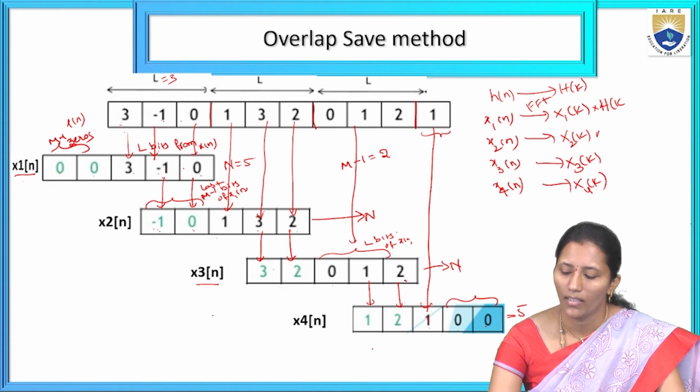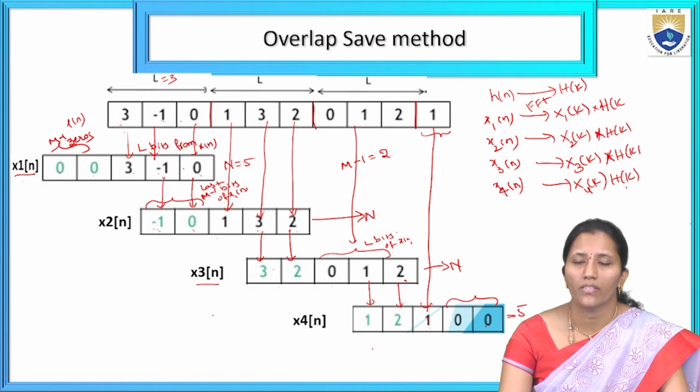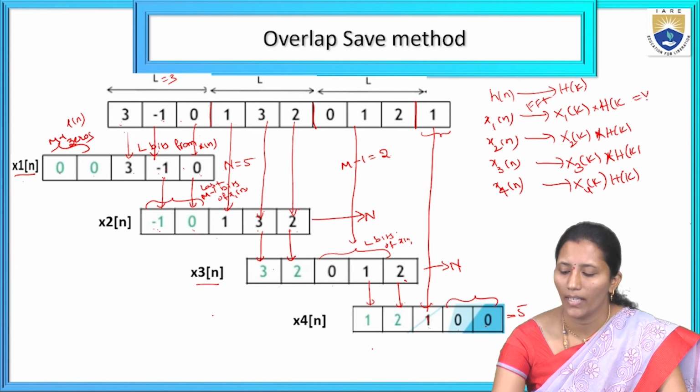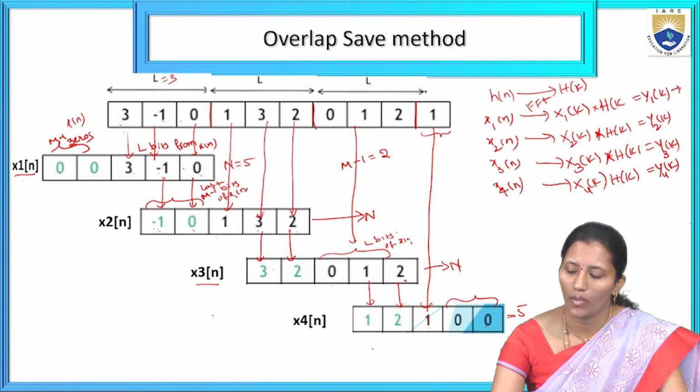So each individual block will be multiplied by the frequency domain of the impulse response. Here we will get the y1 of k, y2 of k, y3 of k, and y4 of k frequency domain signals. But we have to convert them into time domain signals y1 of n, y2 of n, y3 of n, so we have to apply the inverse fast Fourier transform.